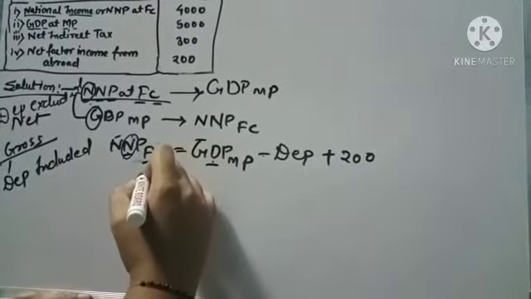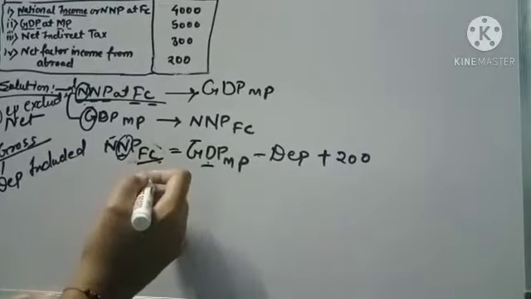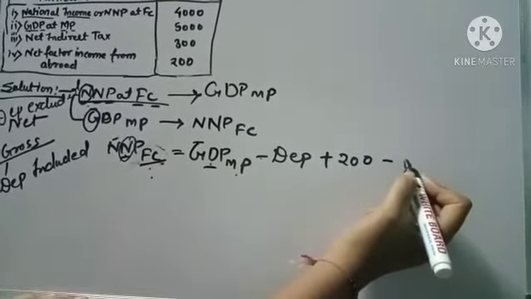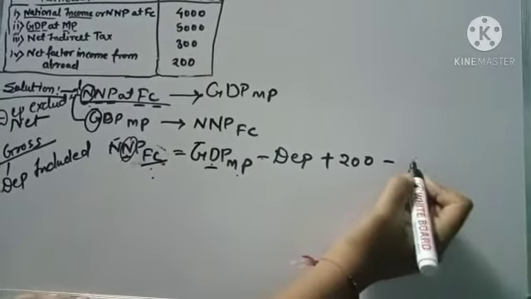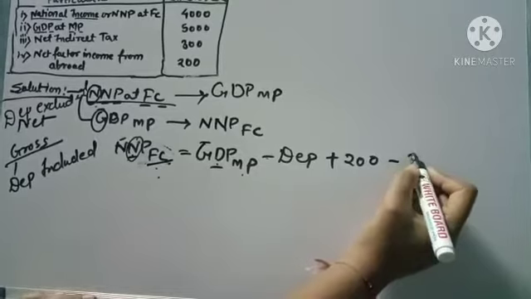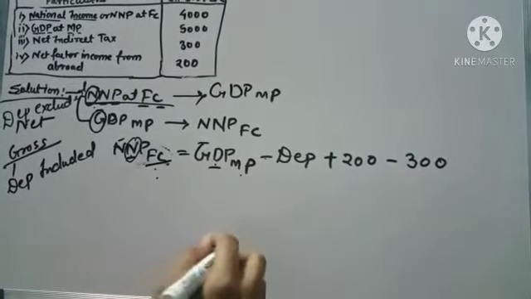FC represents the factor cost, whereas MP represents the market price. The difference between the factor cost and market price is the NIT, that is net indirect taxes. So we also have to subtract the 300, that is our net indirect taxes.